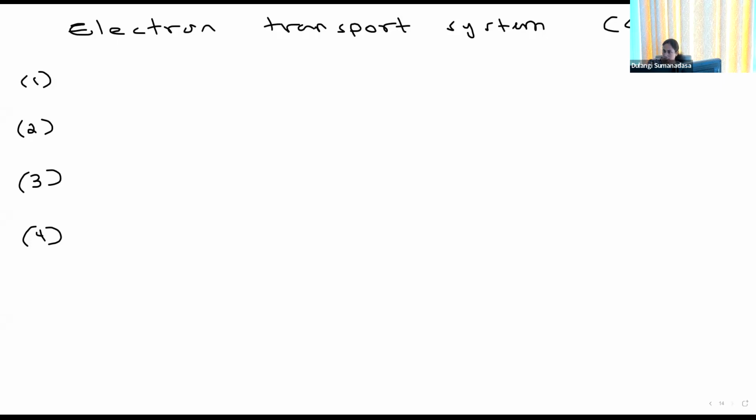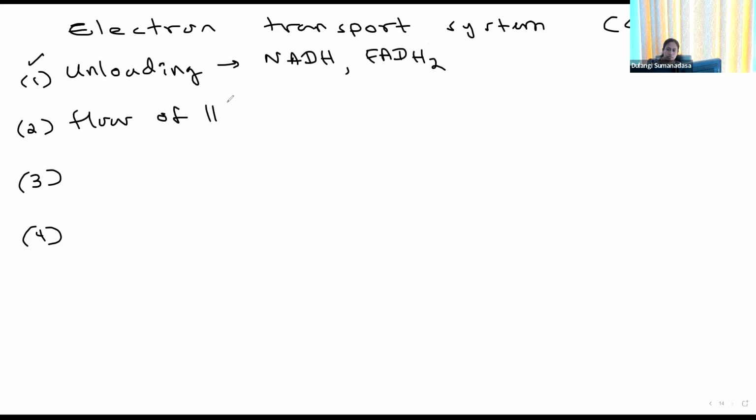Okay, the first point, you have to explain the unloading of the coenzymes, and then mention the 2 coenzymes you're unloading. And then there's going to be a flow of high energy protons.